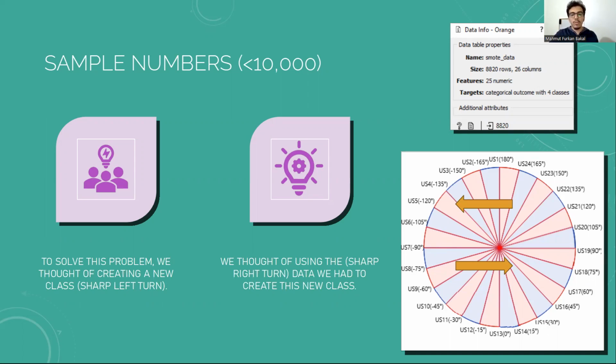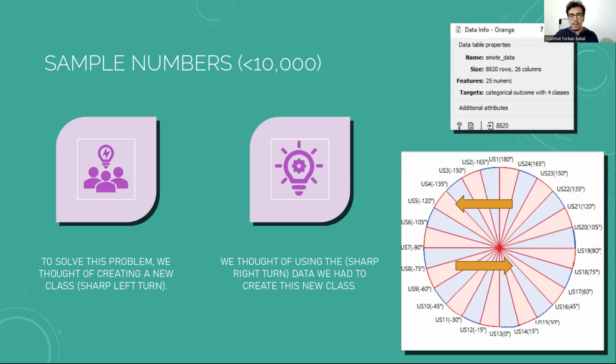To solve this problem, we thought of creating a new class, sharp left turn. In our dataset, we don't have this class, and we thought of using the sharp right turn data for creating this new class. We thought if we replace the sensor data created by our robot while making a sharp right turn with the sensor data in the opposite direction, like a mirror, we will obtain our new class, sharp left turn data.